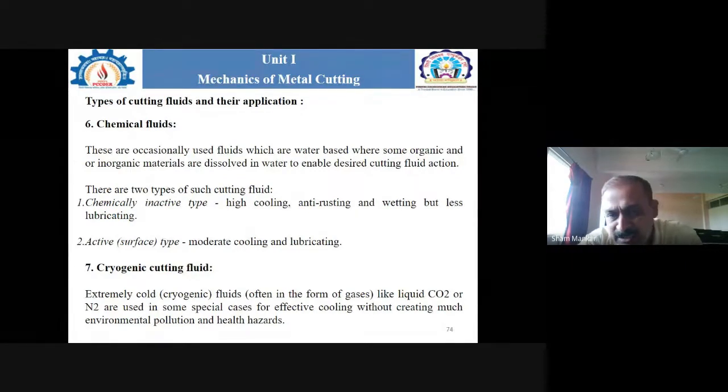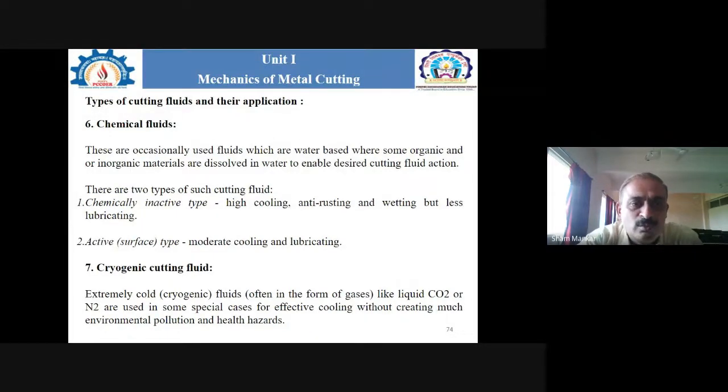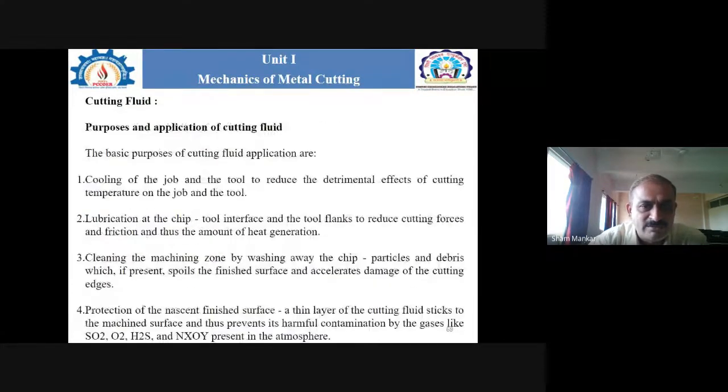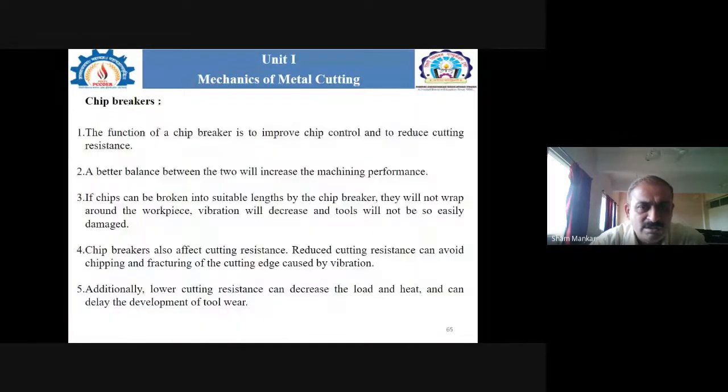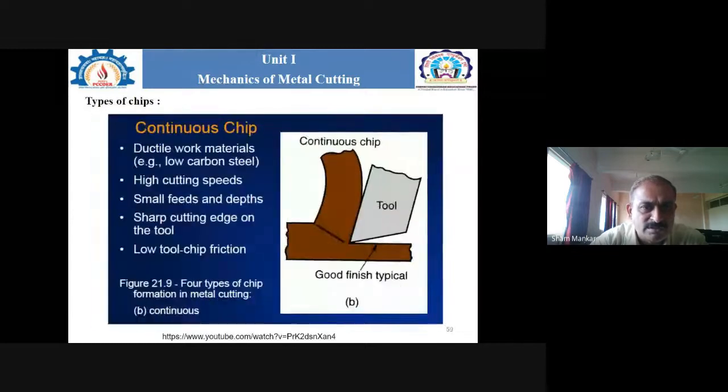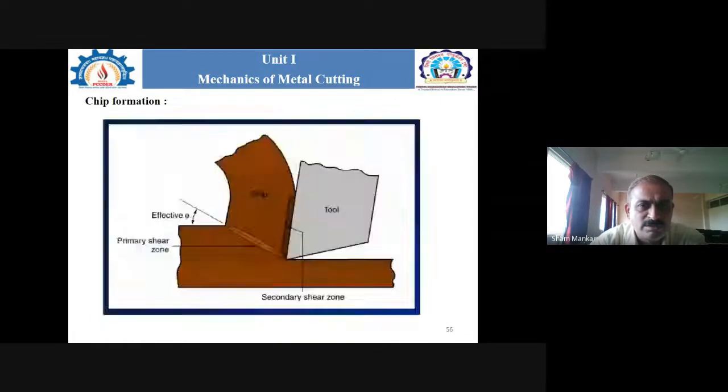The workpiece material is ductile in nature and the tool material is harder than the ductile material. So suppose we have to select a particular kind of cutting fluid or coolant. As mentioned, we are going to check these parameters mentioned here, just before that, chip formation, chip breakers.